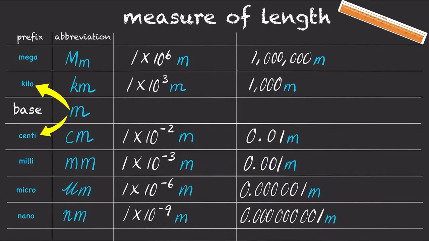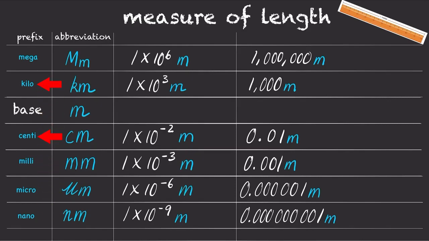In this case, centi and kilo are two different prefixes with two different meanings in relation to the base unit meter. Centi means 10 to the negative 2 in relation to the meter, and kilo means 10 to the 3 in relation to the meter. Notice there's no direct relationship between kilo and centi in this table.